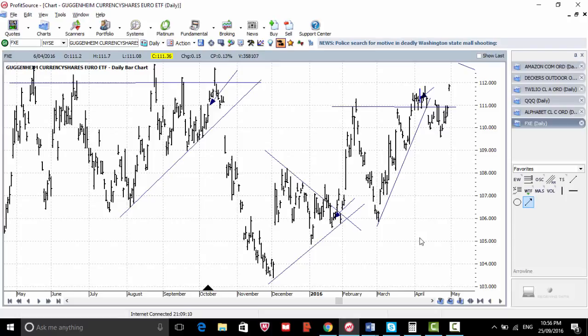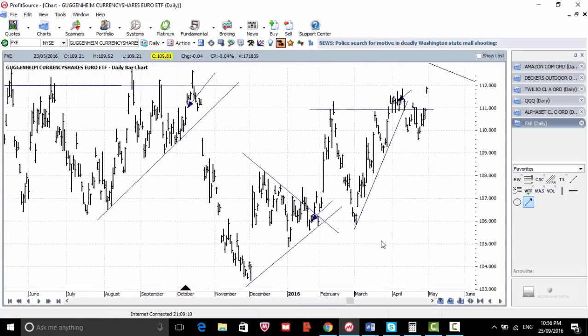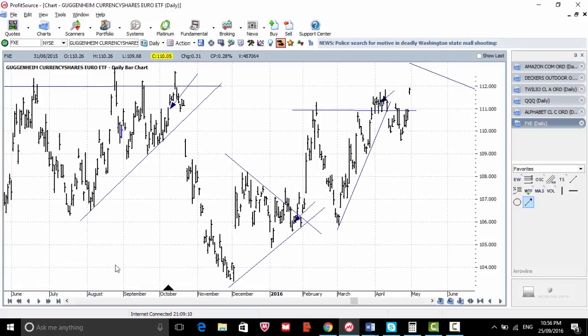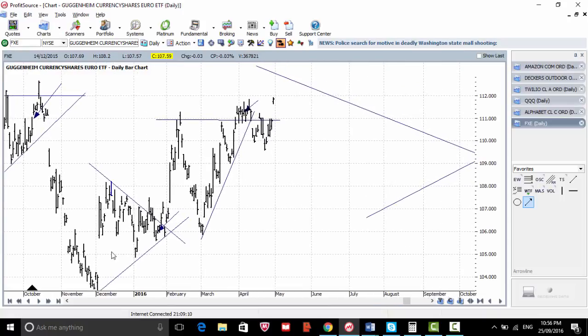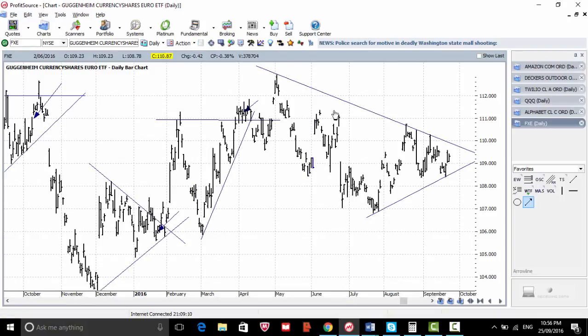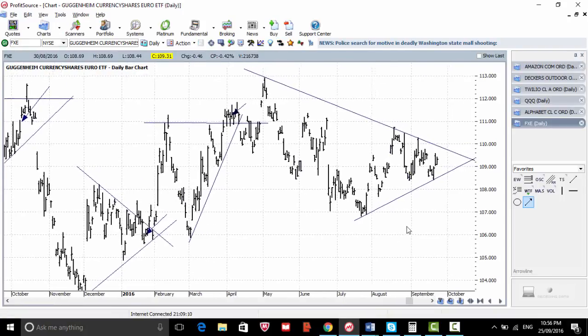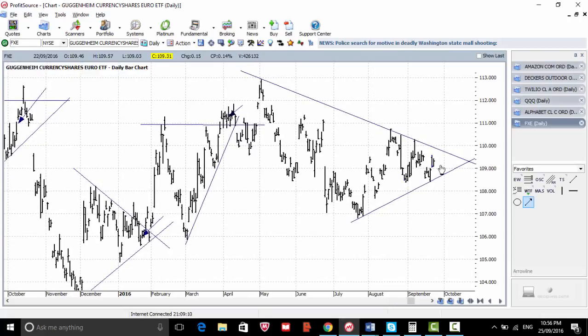Let's continue on and look at the next trade. Now this is the current market time, September 23rd, basically last Friday.